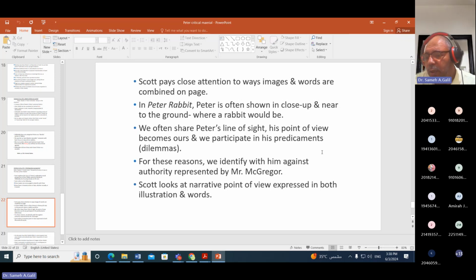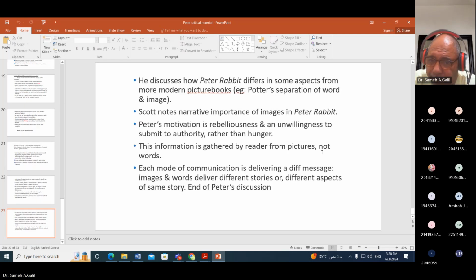Again, which would make it clear that perhaps Potter is against the figures of authority as represented by the farmer, Mr. McGregor. Again, the focus is on the images and their function in getting whatever messages the writer wants us to get. And that would be the end of this.